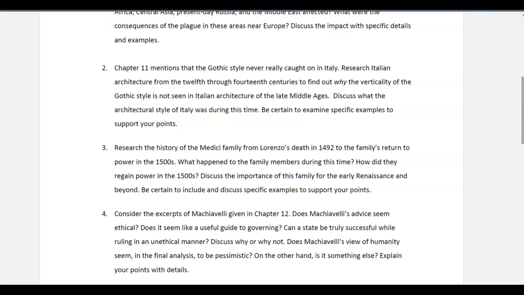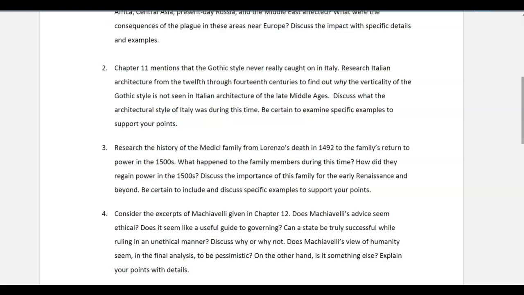I want you to discuss why that vertical style that really denotes the Gothic, with the rising towers, the rising windows, among other areas, why that really was not part of Italian architecture. What was that style?